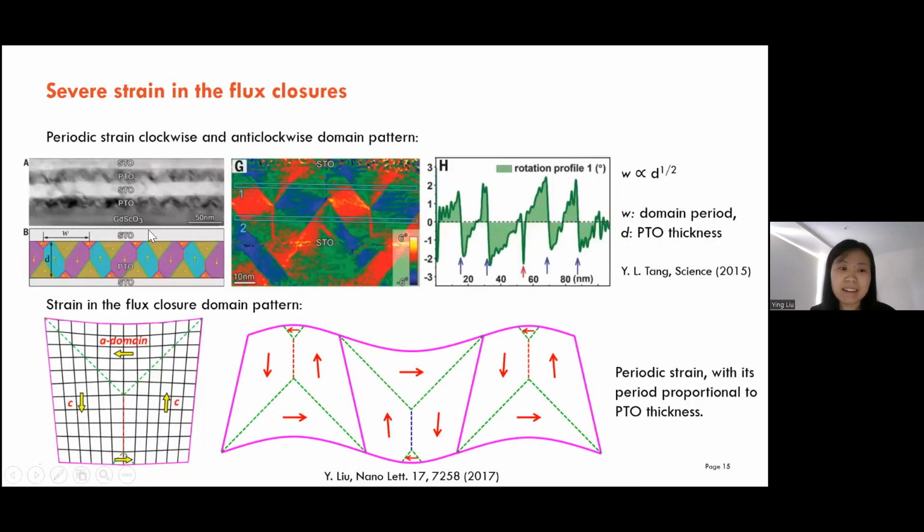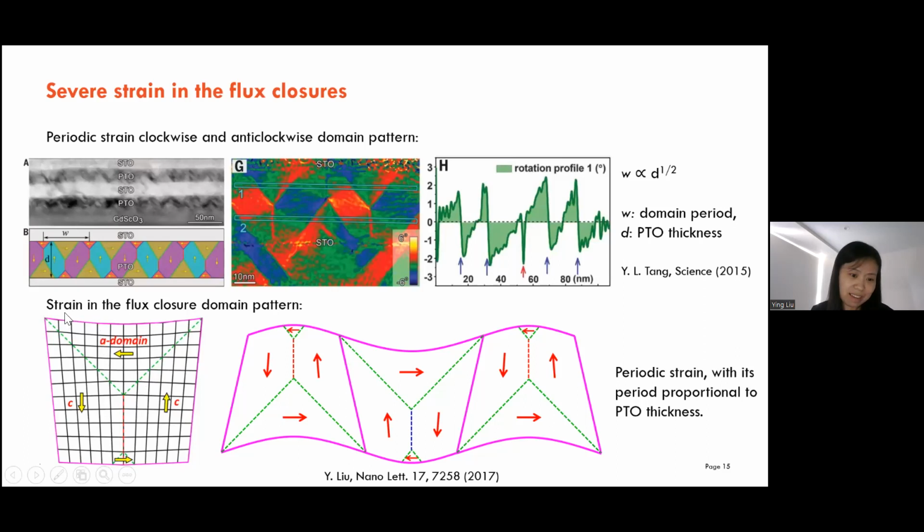For the full flux closure pattern observed in the PTO, STO multilayer thin film, it shows strong strain inside the domains. As we can see here, here are the schematics of the strain state in the PTO thin film.